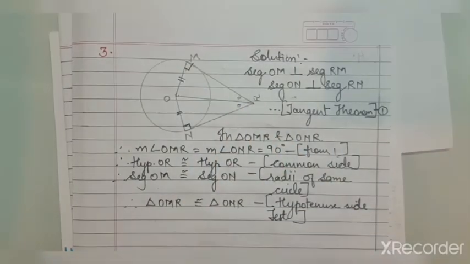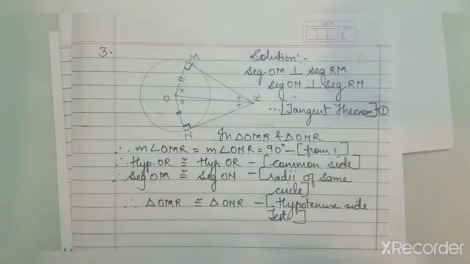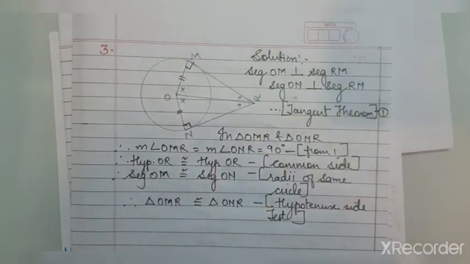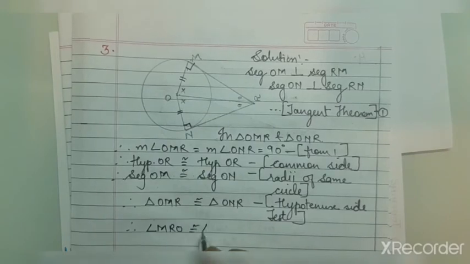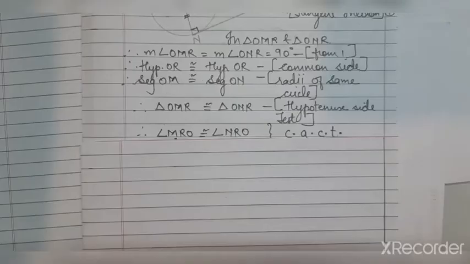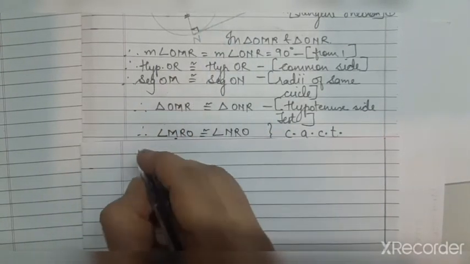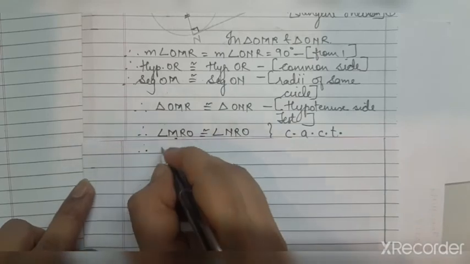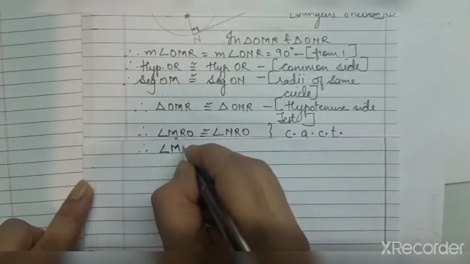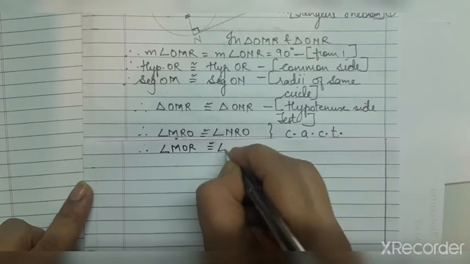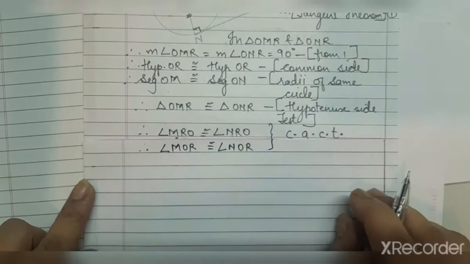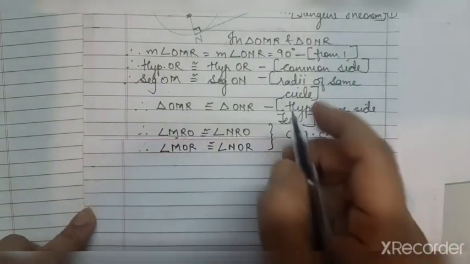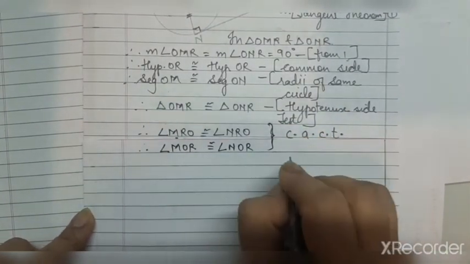After we prove they are congruent by the hypotenuse side test, the remaining sides and angles are congruent. This angle is congruent to this angle, and this angle is congruent to this angle. So we'll write, therefore, angle MRO congruent to angle NRO, and after that, therefore angle MOR congruent to angle NOR. The reason for both will be corresponding angles of congruent triangles. The reason for both is the same.